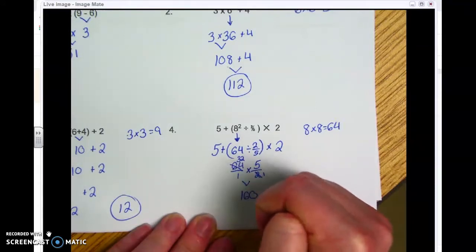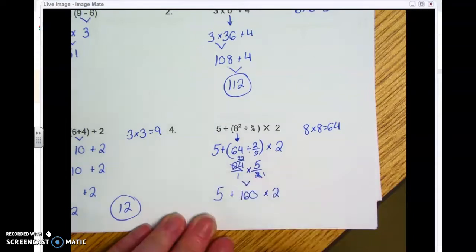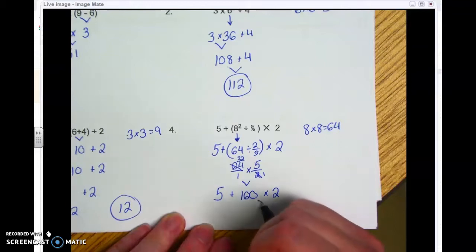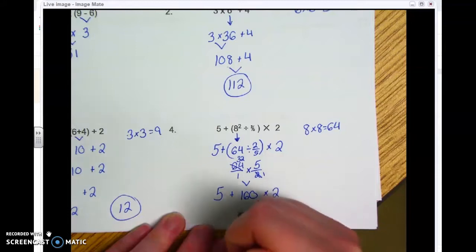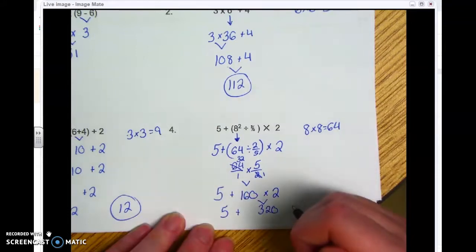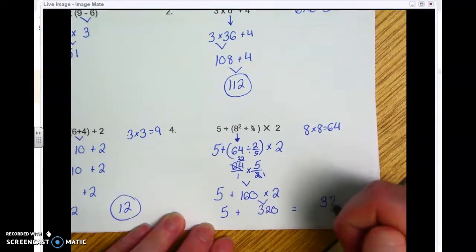And I'm going to go ahead and bring down the numbers that I have not used yet. If I'm working left to right, I would do this, but because I have to multiply first, I'm doing 160 times 2 to get 320. Bringing down the 5, and then I can add it because it's the only thing left.